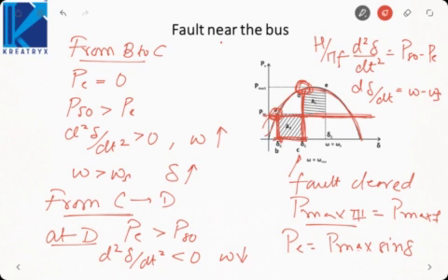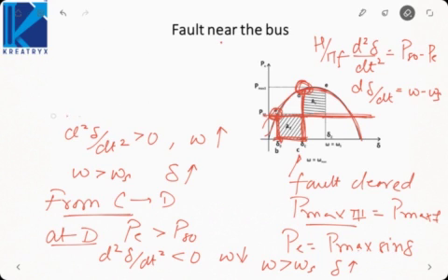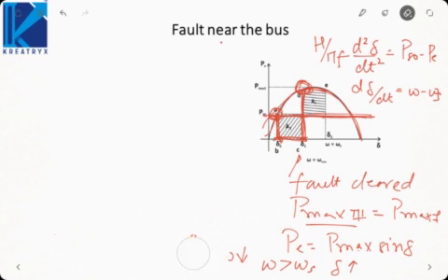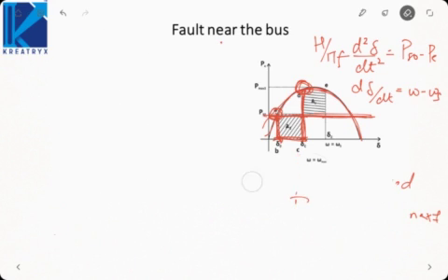Now it will start reducing. But until it reaches 1000 rpm, it will be greater than omega s. So delta will increase. That is, if delta increases, we will go from D to E. Delta will keep on increasing and the speed will go on reducing. Now suppose at point D, again my speed becomes equal to omega s.